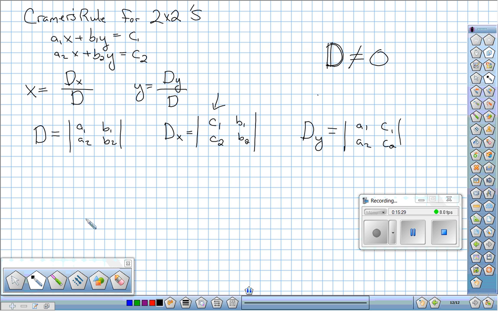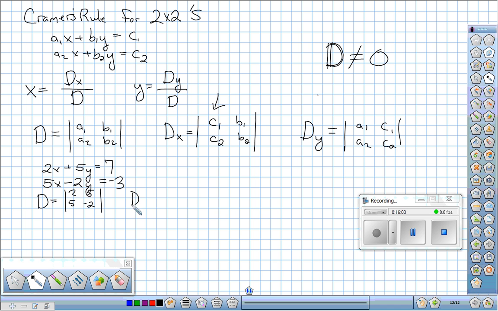So what we're going to do in order to solve these is, if I gave you a system of equations, for example 2x plus 5y equals 7, and 5x minus 2y equals negative 3, I'm going to make three different matrices out of them. My d is equal to my coefficients, so that would be 2, 5, 5, negative 2.